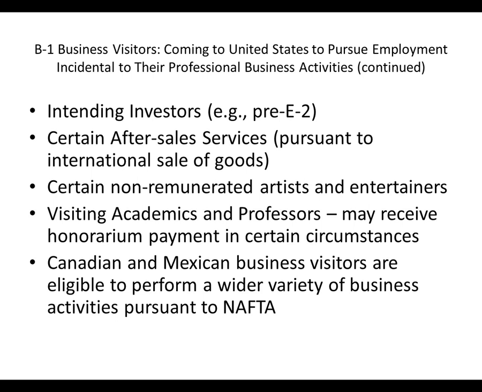Those types of individuals who eventually seek to invest a substantial amount of money into a operating a real enterprise that they are going to be directing or managing, for example, can obtain B1 status as intending investors.